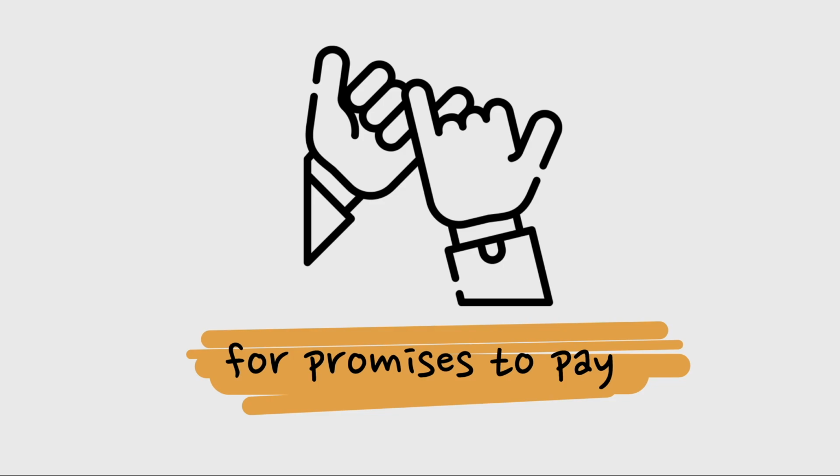So there's a contract at root, where even when we're talking about a loan for money, the lender is saying, I will deliver to you these funds, and you will, in exchange, promise to pay me back principal plus interest at whatever the rate may be. So that's how we need to think about these transactions: a loan is a sale of money in exchange for a promise to pay.